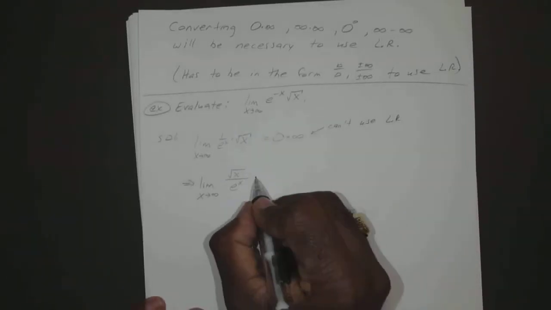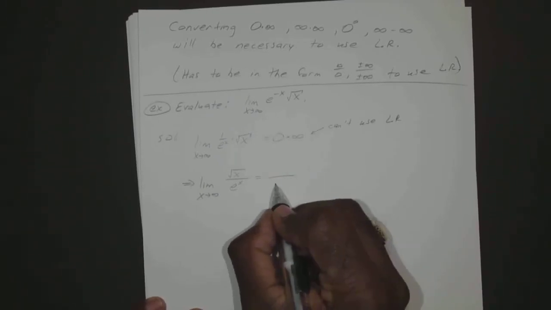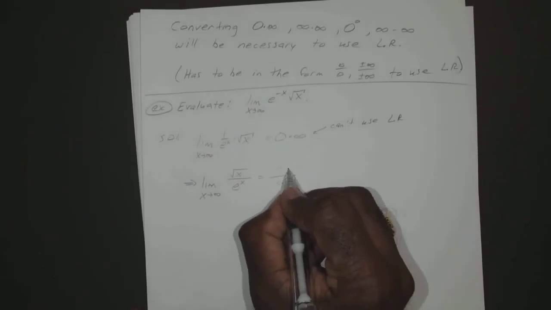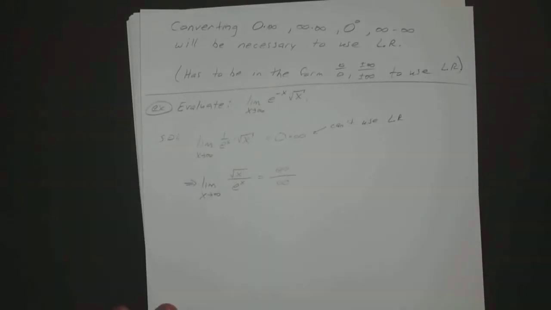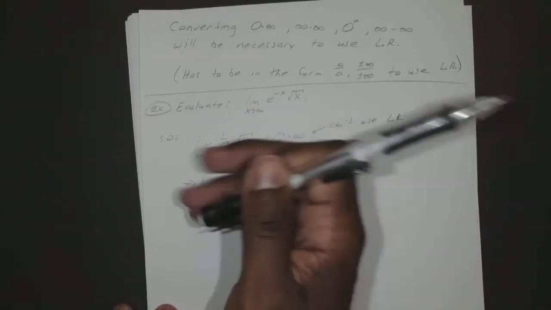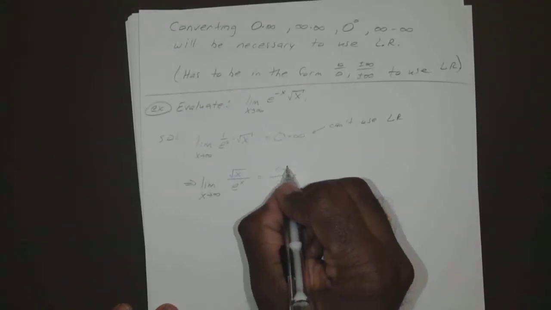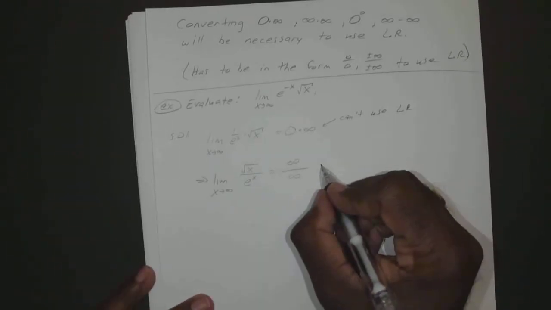Now without that negative, if you plug in x getting bigger and bigger, e to the x actually approaches infinity. And square root of x, once you plug in x and it's getting bigger and bigger, it's just going to approach infinity. Clean that up a little. Okay, so now we can use L'Hopital's rule.